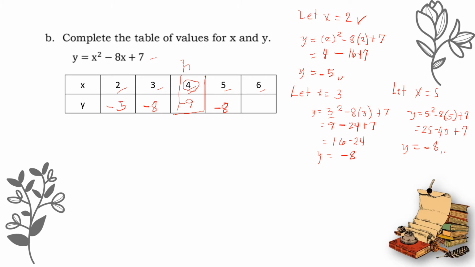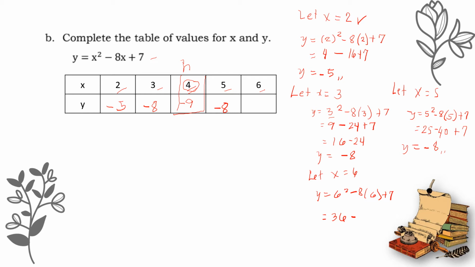Last, what if ang x po natin ay equal to positive 6? So, palitan po natin. Let x is equal to 6. y is equal to, x daw is 6 squared minus 8 times 6 plus 7. So, 6 times 6, that is 36, minus 8 times 6.